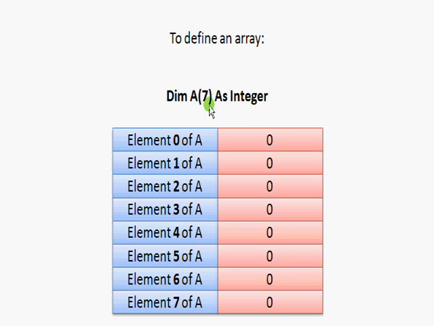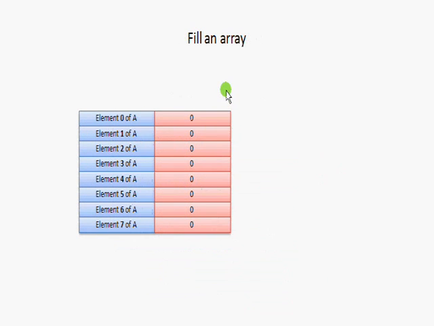Next, how do you deal with an array and fill it with information? Dealing with an array is very simple. For example, let's say you write the statement a(1) = 77. This is an assignment statement, and it works the same way as assigning a value to a variable.